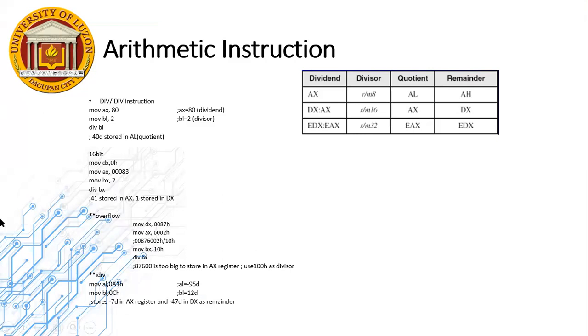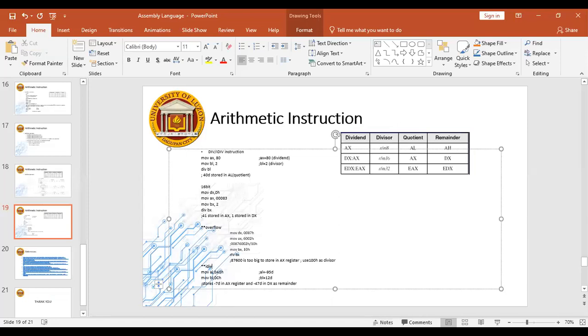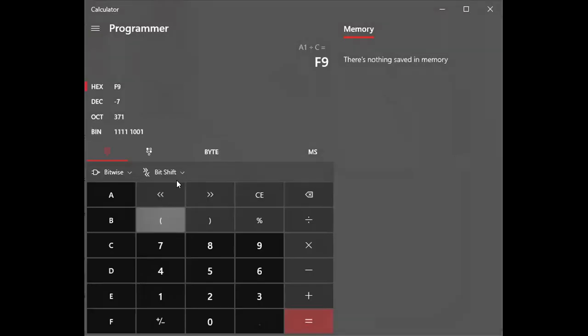Let's double check it. Hexadecimal A1, see, in decimal, it's negative 95.